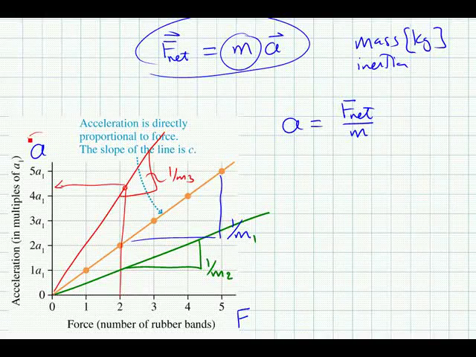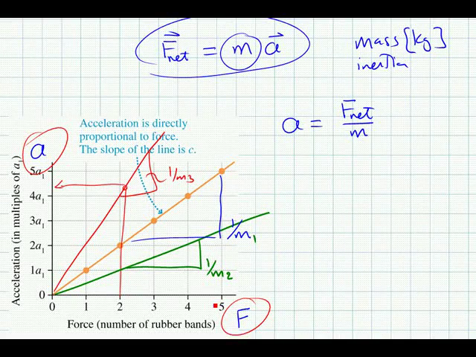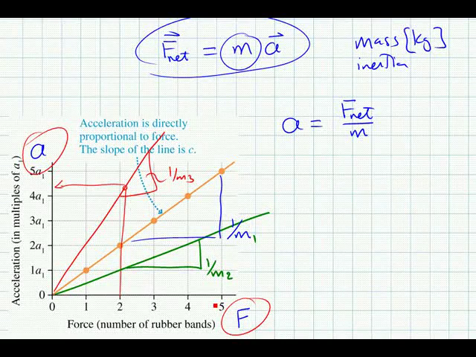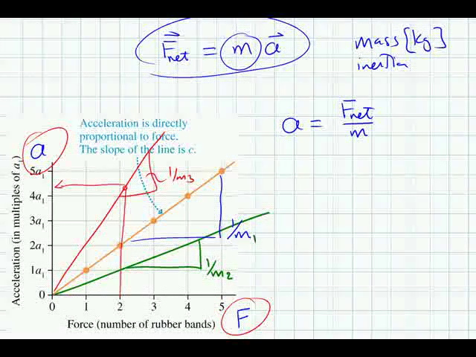So if you were to do an experiment and plot acceleration versus force, I believe there is such an experiment in your labs, then you'll end up with straight lines whose slopes are inverse of the mass of the object.